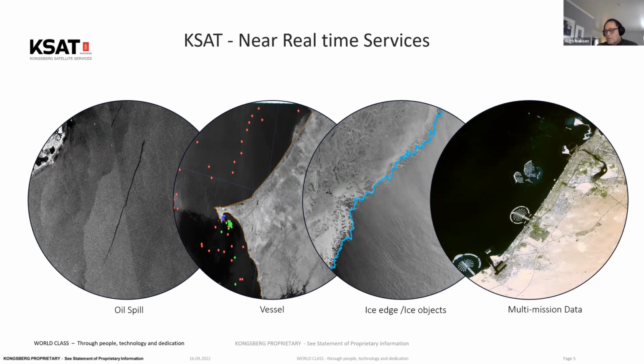So we have operational services for oil spill detection and vessel detection. We provide ice object information, and we are also a reseller of multi-mission data, both SAR and optical.